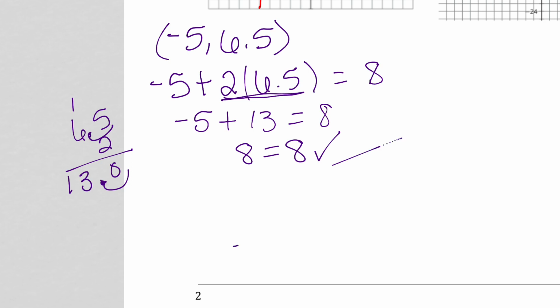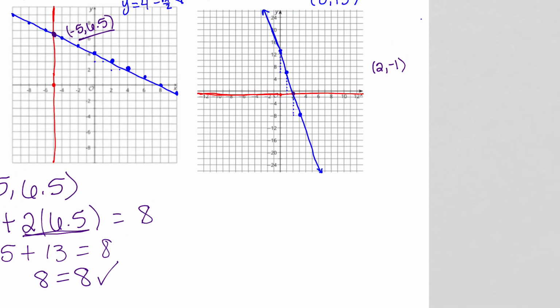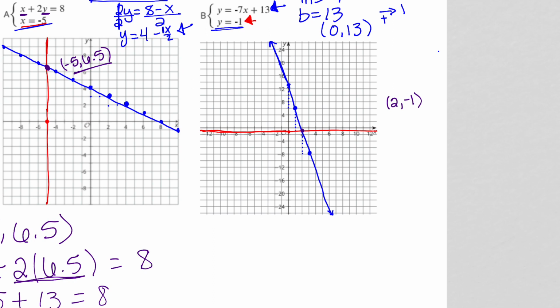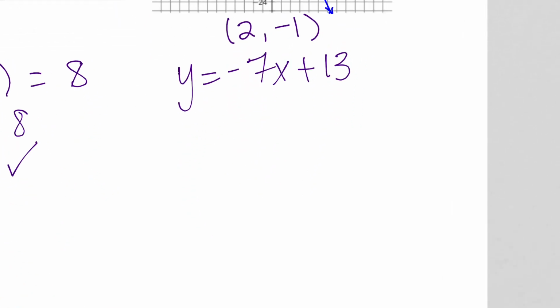All right. Let's go ahead and do this exact same thing for all of these other graphs. So we got 2, -1. So we're going to plug it in to this blue equation up here. So we're going to have Y is going to be -1 equals, actually, hold on one second. I'm going to write down my equation down here. Y equals -7x plus 13. So I'm going to plug in this coordinate. So we'll get, whoo, I'm making lines.